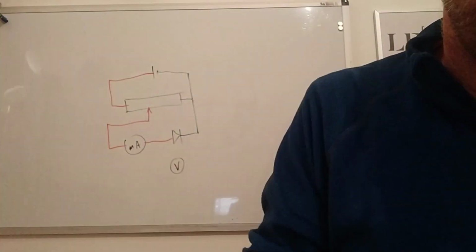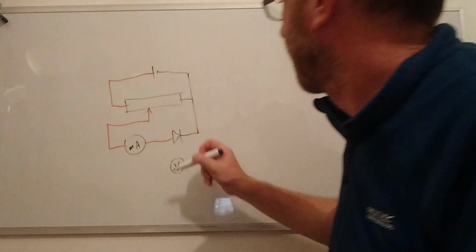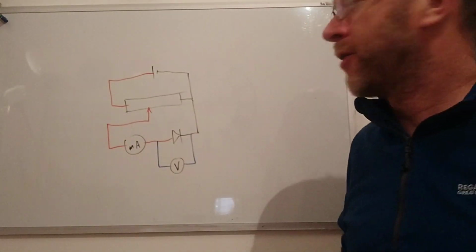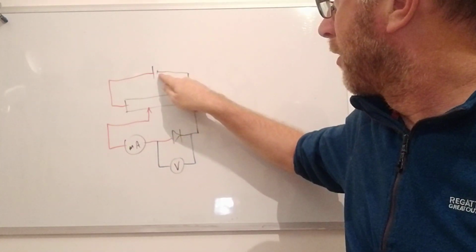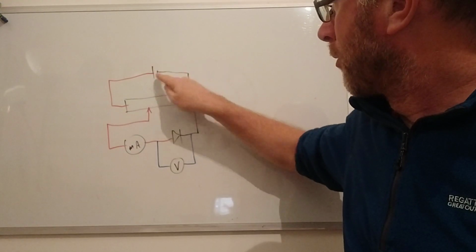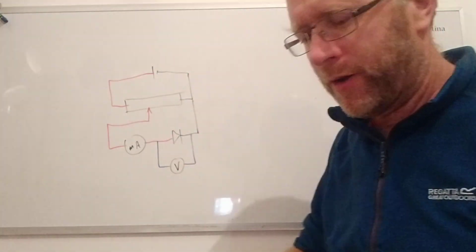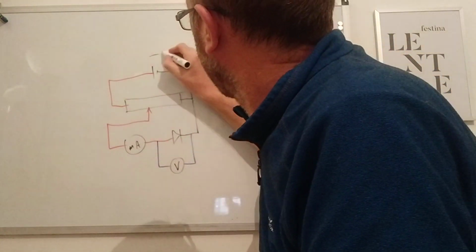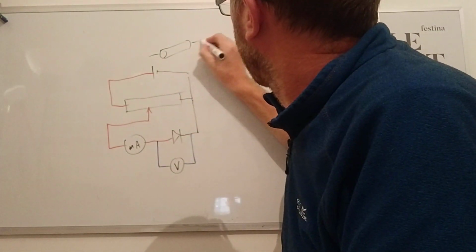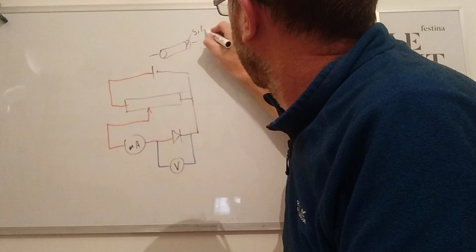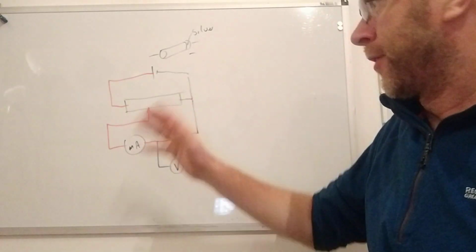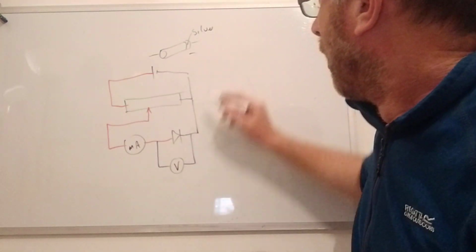And we will use blue leads again for the voltmeter. But what's important here is that the negative end of the power supply should be connected to the negative end of the diode, and you know the negative end of a diode because, I'll just draw it here, a diode is just a little cylinder, and there is a silver line at the negative end. So we'll have it in forward bias.